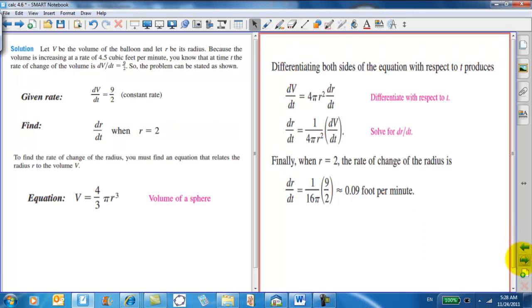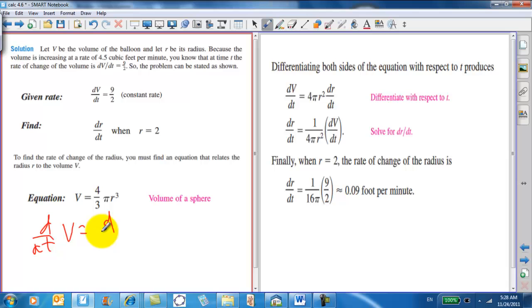And so now we can take the derivative of both sides with respect to time. And there's that constant multiplier rule, the 4/3 pi stays there. And the derivative of r cubed is 3r squared. So you see how the 3 came down the front. Let's show the first step over here. The derivative with respect to time of volume equals the derivative with respect to time of 4/3 pi r cubed.